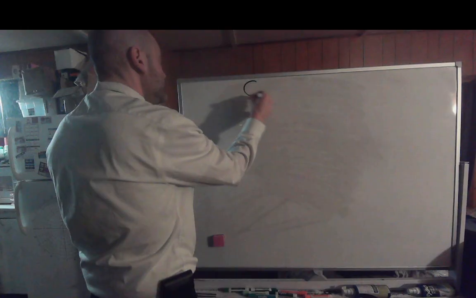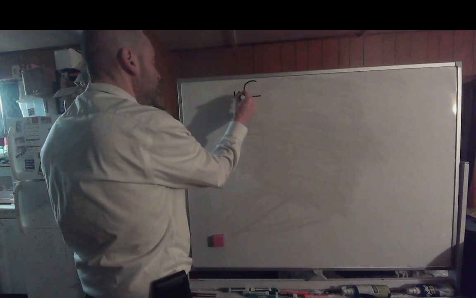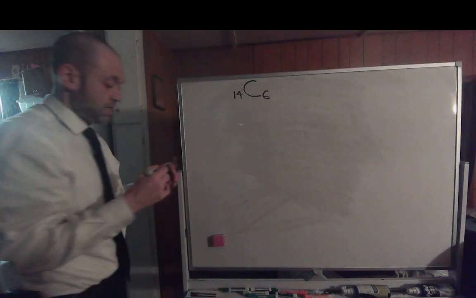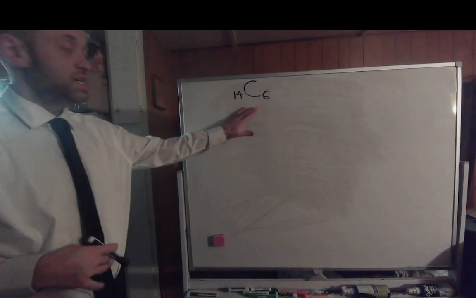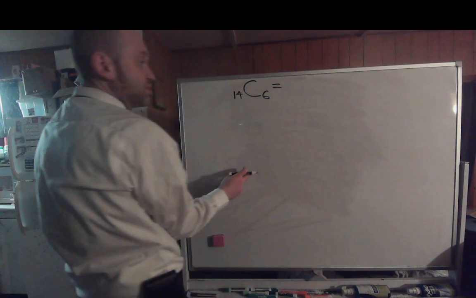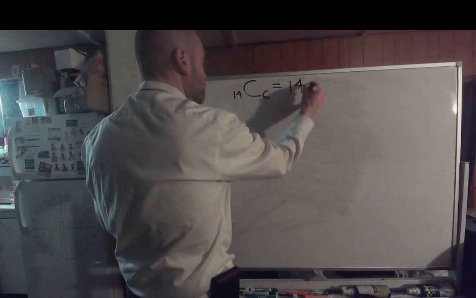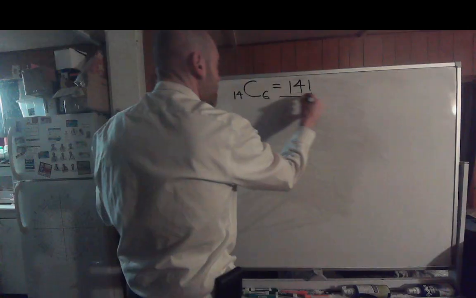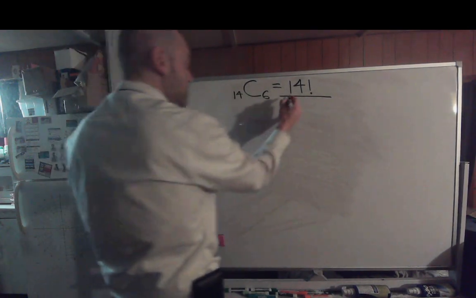Two more. So I'm going to take 14 items 6 at a time. So the combination of 14 items taken 6 at a time. That equals my n factorial in the numerator, which would be 14 factorial all over my n minus r factorial.